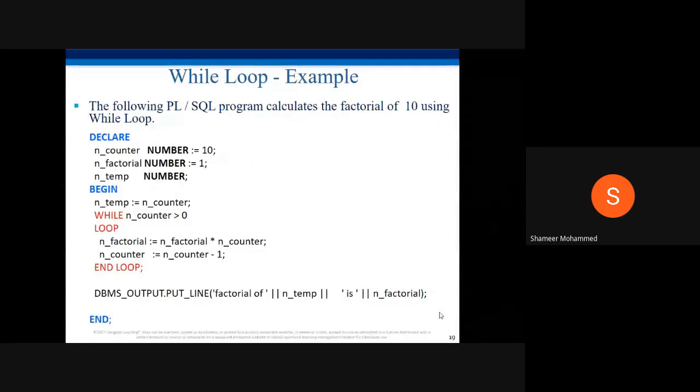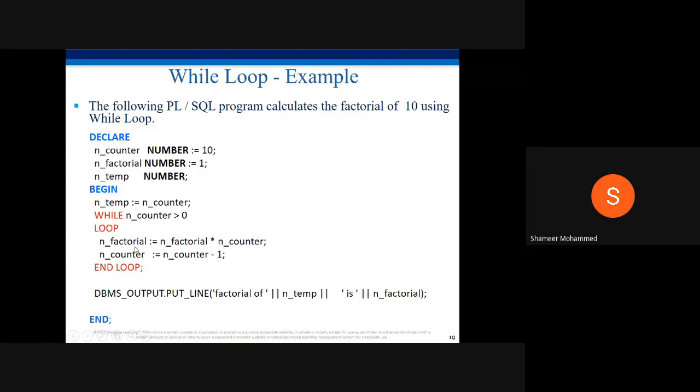Now this is the program modification using the while loop. So here see, first you are checking the condition. If the number is greater than 0, then only you are repeating the loop. So this is the program to use the while loop and find the factorial of a number.